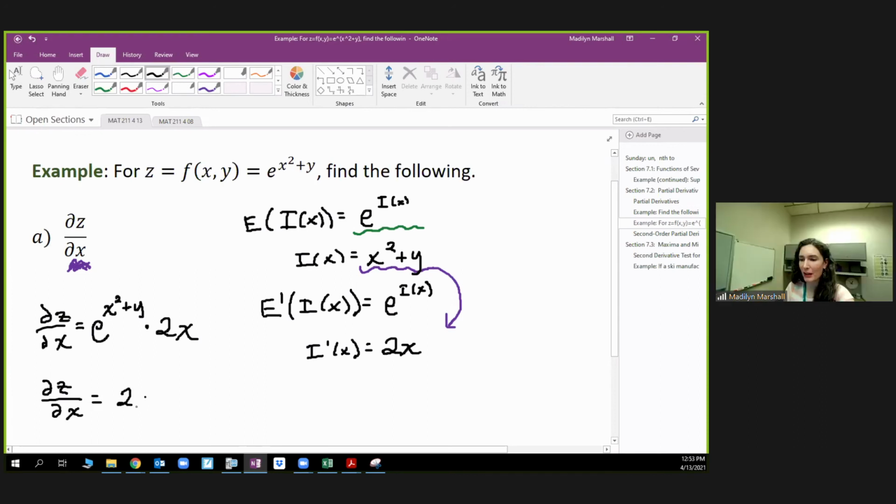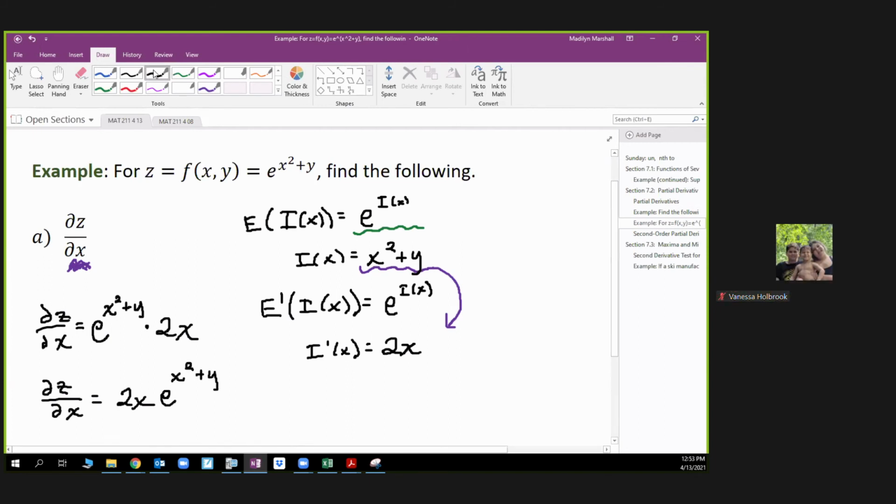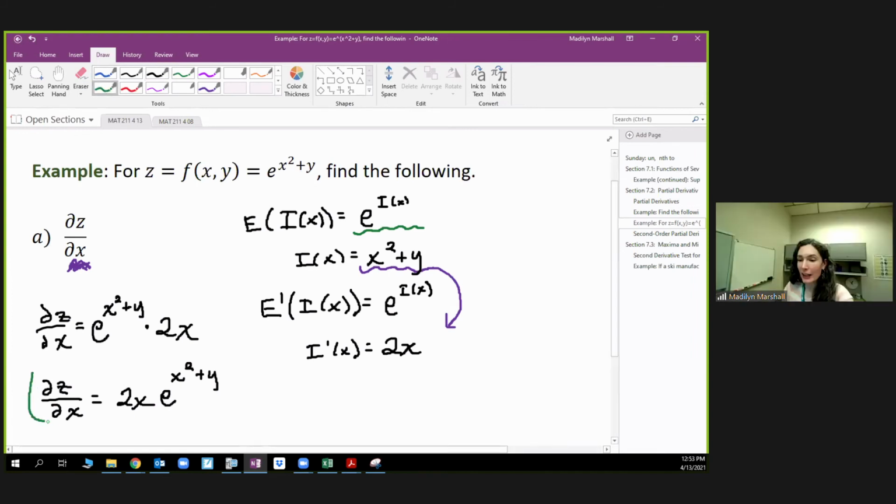Yeah, that's better. It's technically not wrong, but it looks nicer to put the 2x in front. So all that happened here is our regular old chain rule. It's just when we were doing the derivative of that interior, we did the partial derivative with respect to just x.